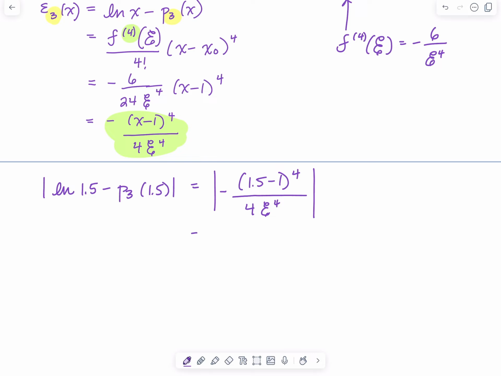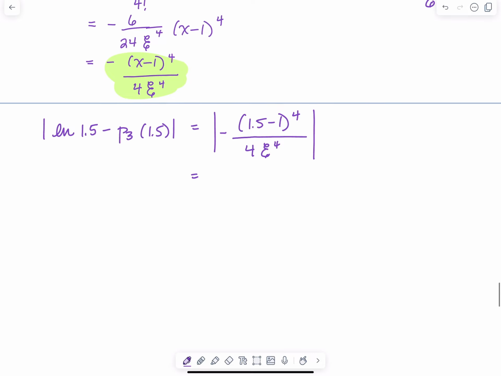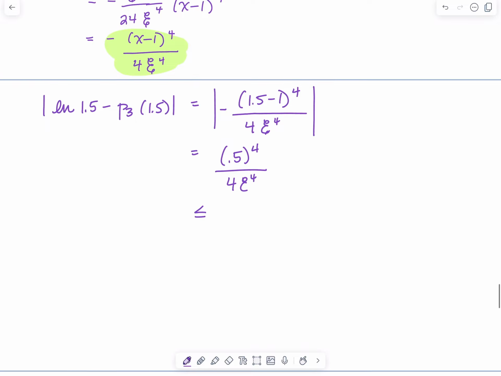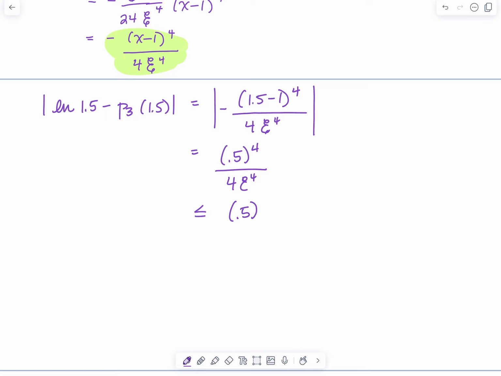And that's equal to 0.5 to the fourth power divided by 4 xi to the fourth power. And we know that that is less than or equal to 0.5 to the fourth power divided by 4. Of course, that's because we know that xi is greater than 1.